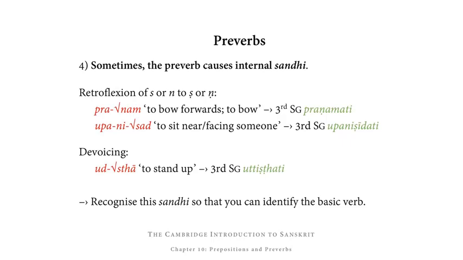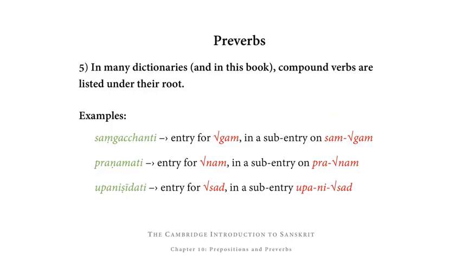The important thing here is to be able to recognize the sandhi so that you can identify the basic verb that you're looking at. Being able to split up compound verbs into their parts, so into preverbs and the verb itself, is particularly important because, 5, in many dictionaries, and also in this book, compound verbs are listed under the verbal root.